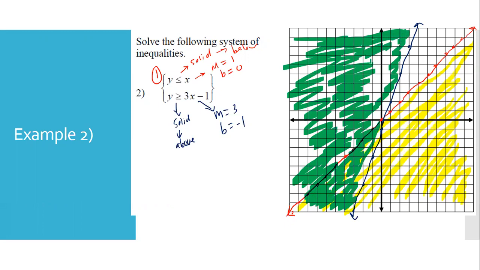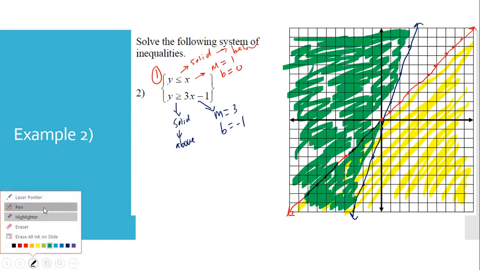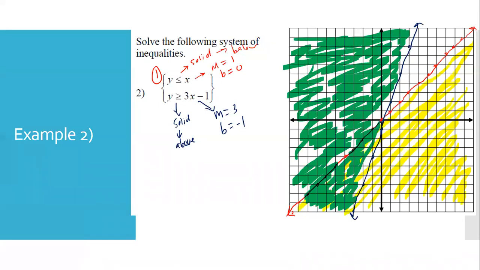All right, here we go. The area where they overlap, that is my solution space. This is where my green and my yellow become friends. This is my solution space.